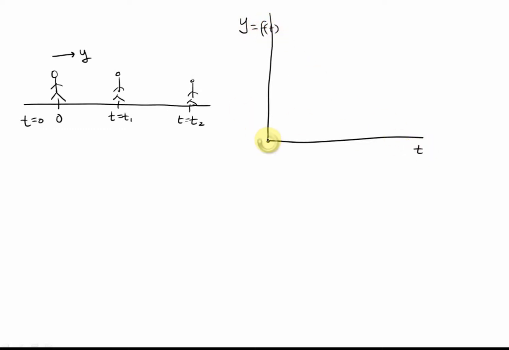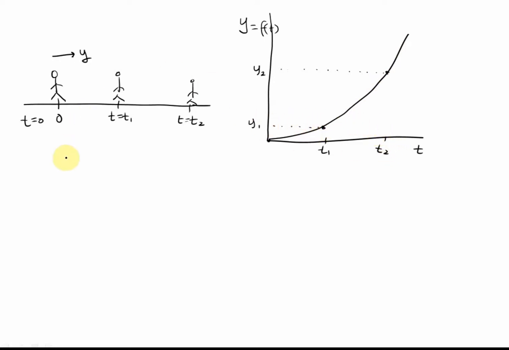You start from 0 here, and then at t1 you just slowly walk, so you arrive here, and at t2 you go a little bit faster, so you arrive at y2, and let's say this is y1, the displacement. So if you make all those connections, then you will probably have a position versus time graph.